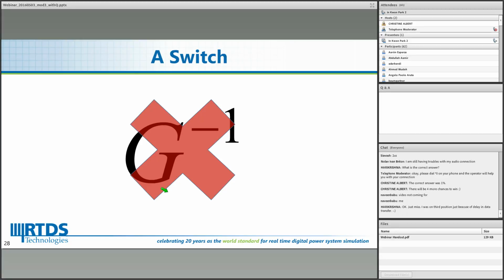Then we can avoid the inversion or the refactorization of the admittance matrix on the fly. So we can save the calculation time. And that's the fundamental way in RTDS to ensure the size of a time step is small, and we can maintain that small time step throughout our simulation.